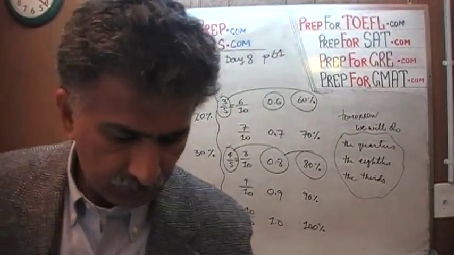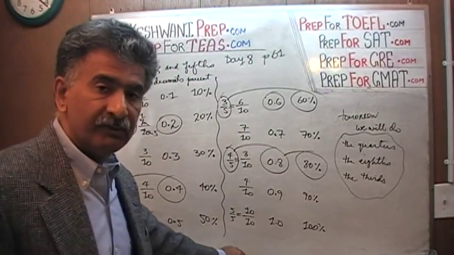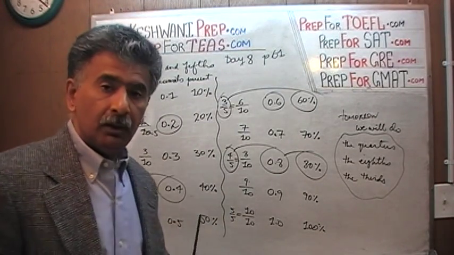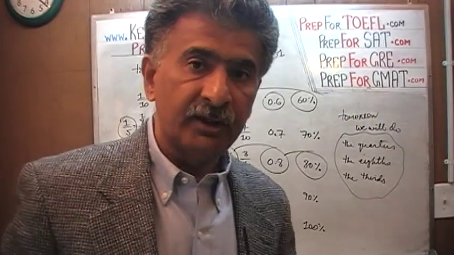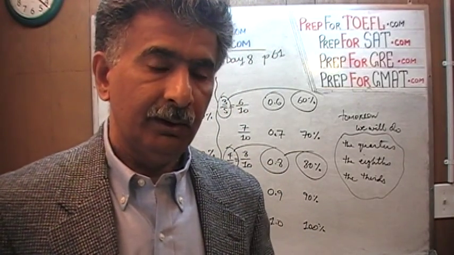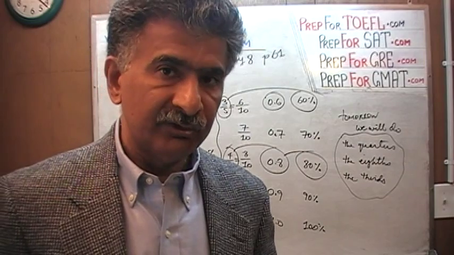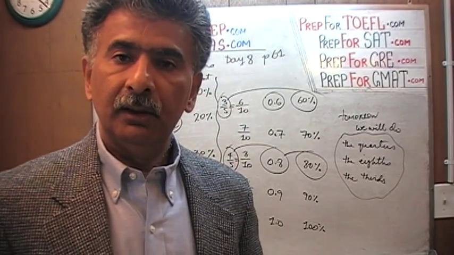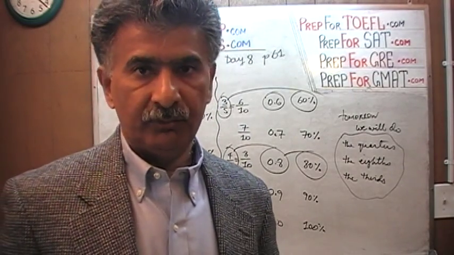And you should know these by heart. You should have these quantities at your fingertips without having to think about it, without having to stop, without having to pause, because all of those things take time. They make you nervous, and you're more likely to make a mistake if you have to stop and think about it.